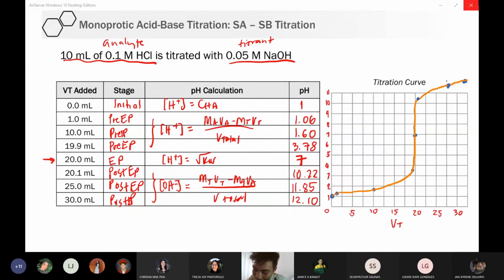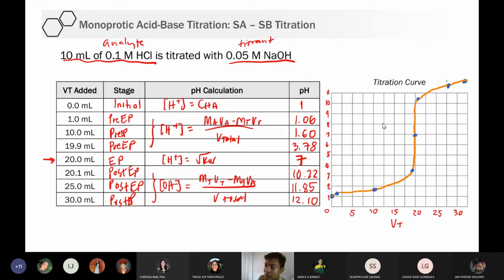So as you can see, it resembles the graph I showed you earlier. So this is the common titration curve for strong acid, strong base. Ano yung mga features niya? You have an incremental change in the pH when you add titrant. Then upon reaching the endpoint, you will have an inflection point.